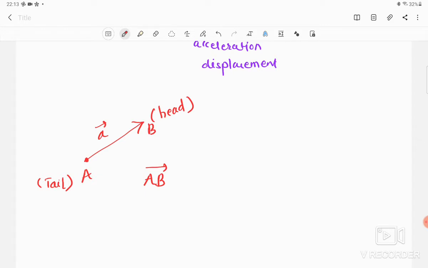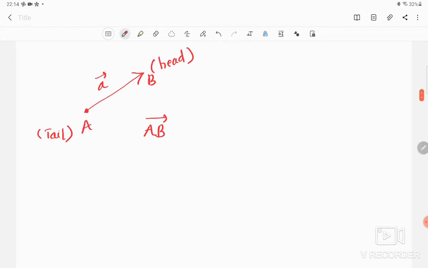Okay, the standard form of representing a vector, suppose any vector like P bar, is denoted by a into I bar plus b into J bar plus c into K bar.